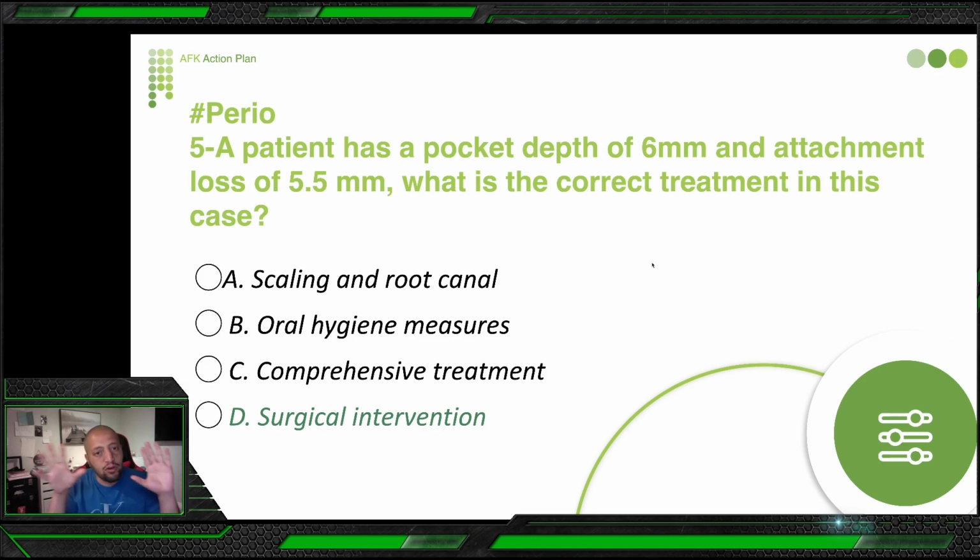Avoid overthinking. The question is saying pocket depth 6 mm and giving you information to confirm there's attachment loss and giving you the exact number, 5.5. So he's giving you numbers according to the study that has been done.